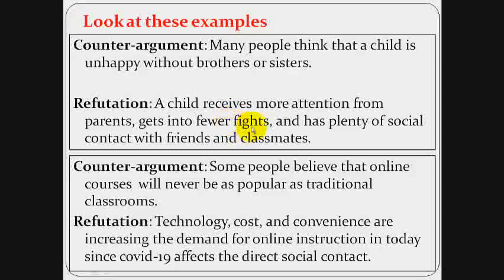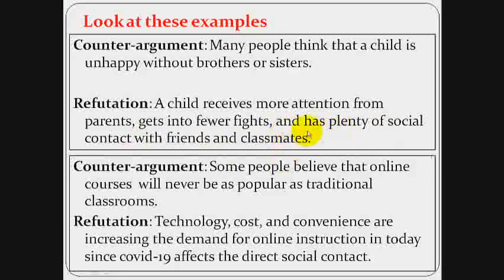One of them hits the other one, there is a crying one, there is a complaining one. So when the child stays with the parents, there is a fight, and also a plenty of social contact with friends and classmates.